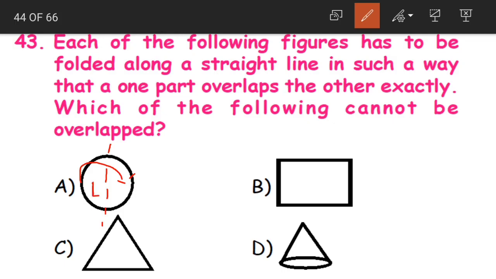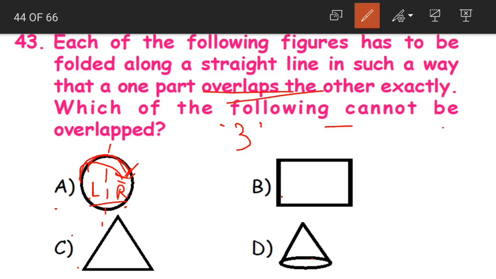See, this is the left side, this is the right side. So that the left side is completely placed on the right side. I am folding it in half. The left side will come on the right side. In this way, from the given 4 options, I can fold only 3 shapes like this, where both sides will overlap each other exactly.